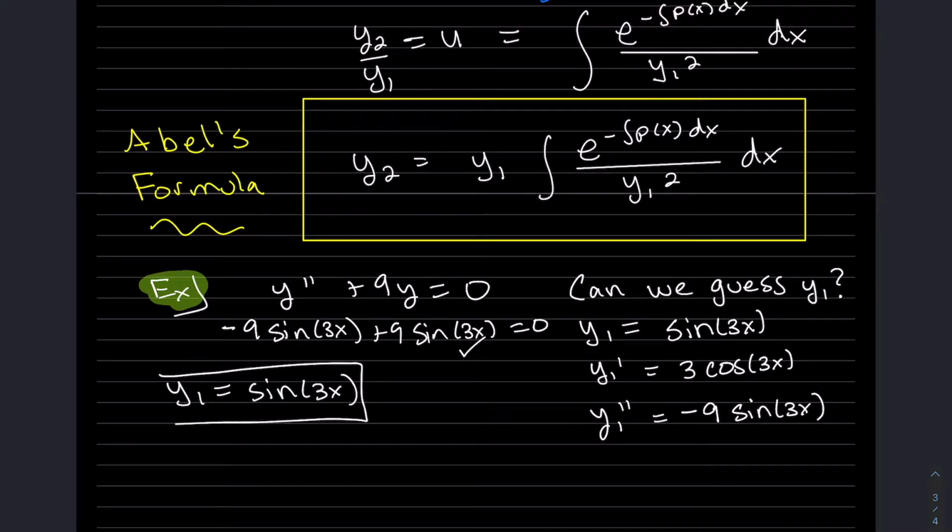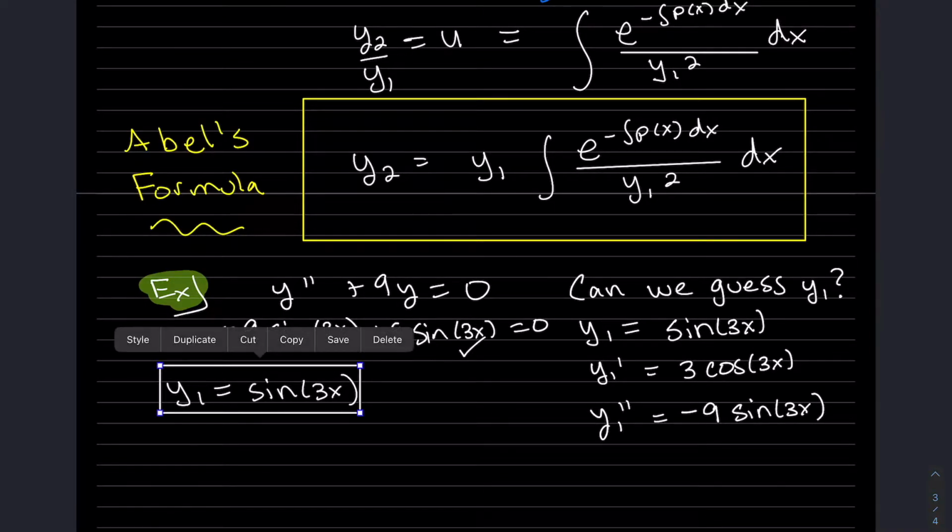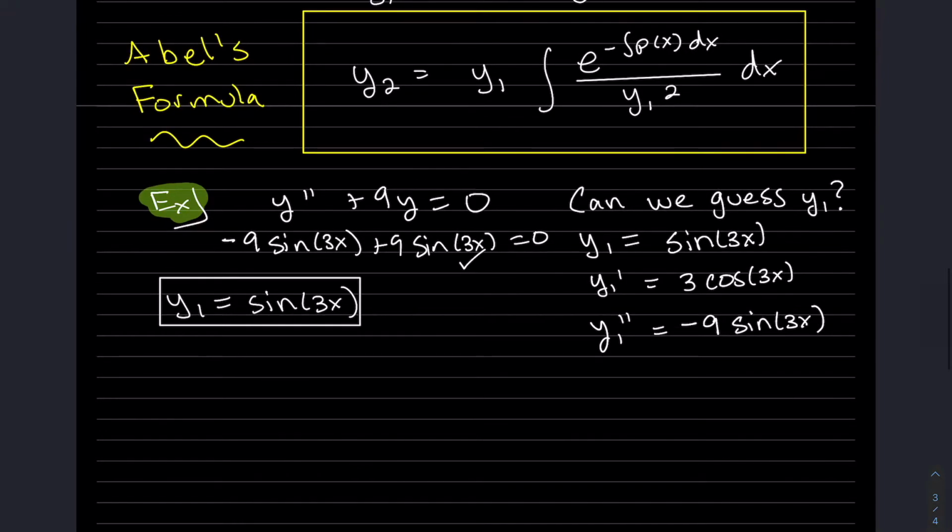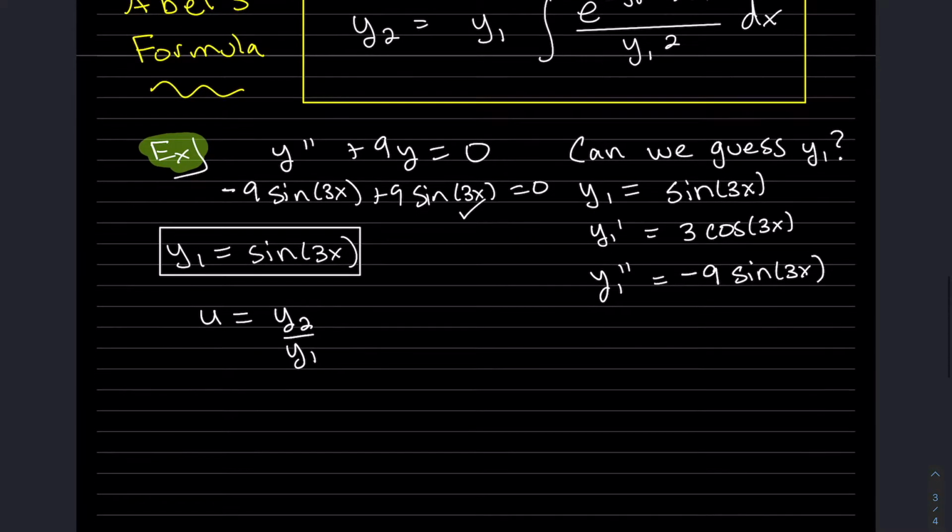But our substitution involves a u set, remember? And if you can remember, u equals y2 over y1. You can remember it that way, or you can remember that y2 is u, which is a function, times y1, so they're linearly independent.